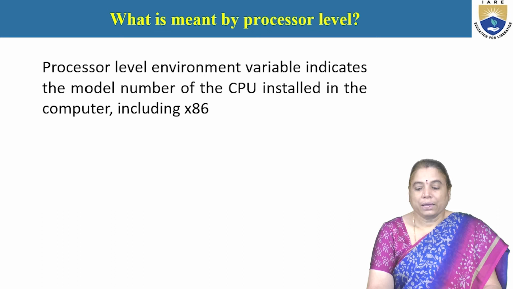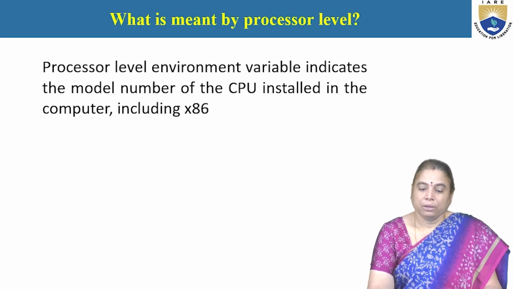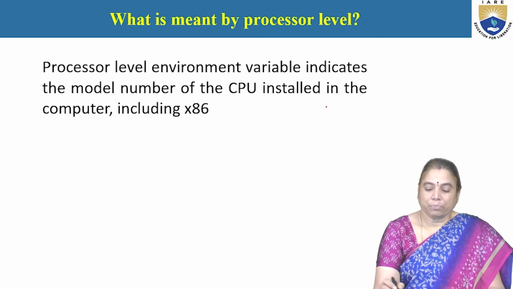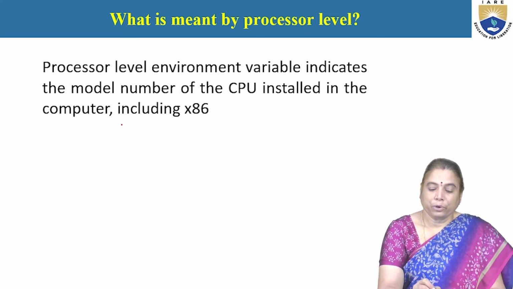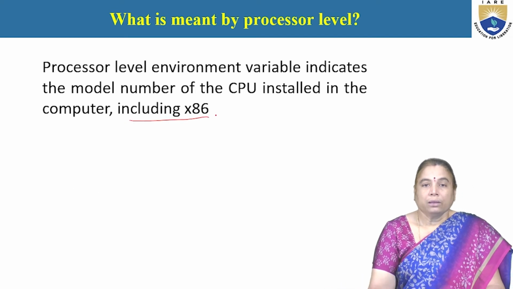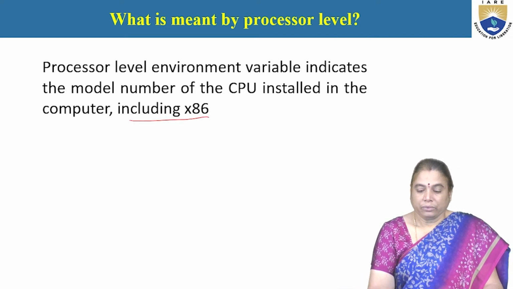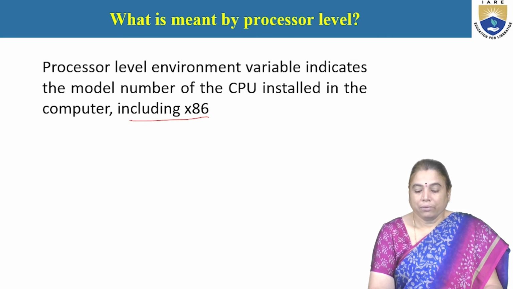What is meant by processor level? Processor level environment variables indicate the model number of the CPU installed in the computer, including 8086. So, these are the environment variables that are available with the CPU depending upon the processor.